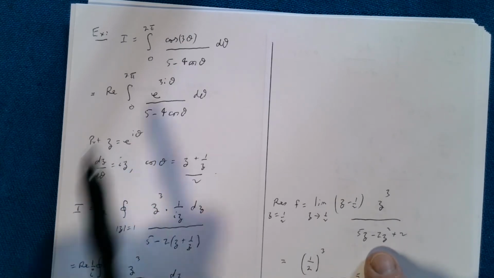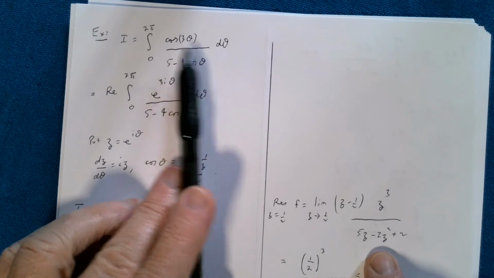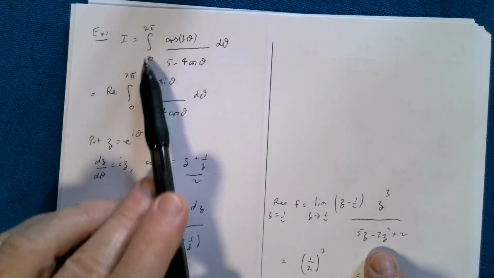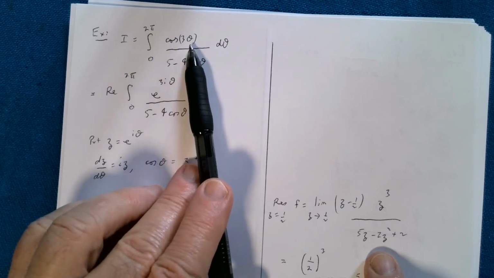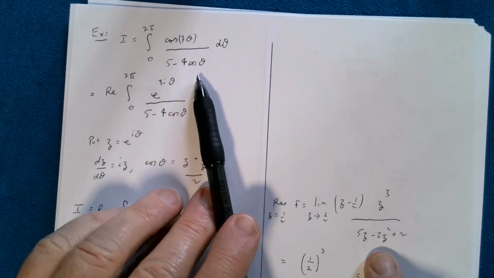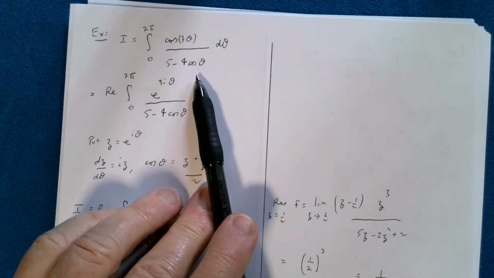What we're essentially doing is adding in i times the integral from 0 to 2 pi of sine 3 theta over 5 minus 4 cos theta. And as we'll see, that integral turns out to be 0 anyway.